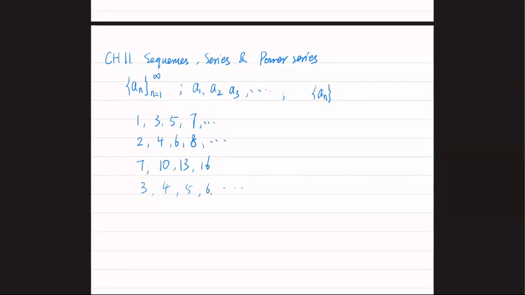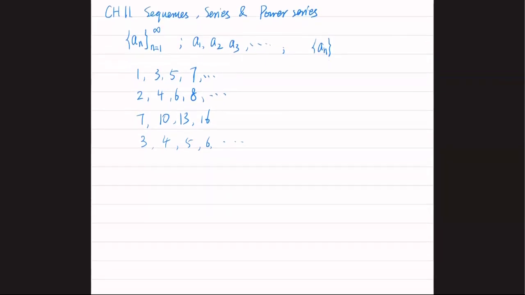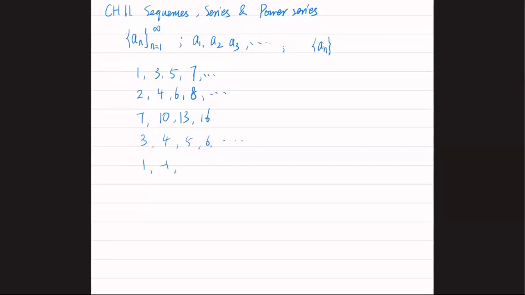So you all have some pattern over there. Let me give you some: 1, -1, 1, -1. That's also a sequence. Or 1, 1 square, 2 square, 3 square, 4 square, all the squares.